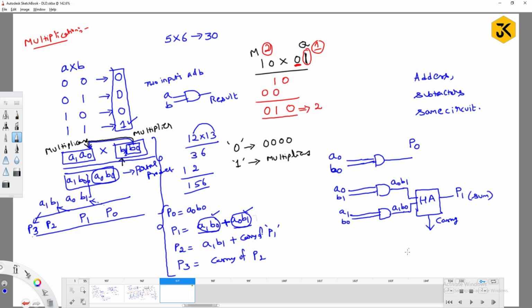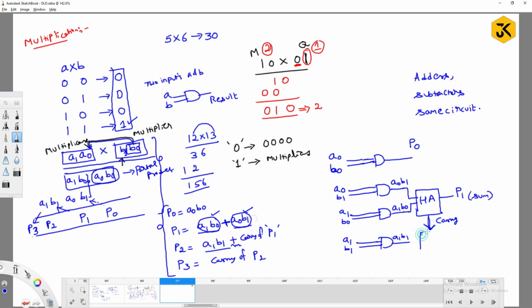Right? So you know. Now to get P2, first I need to perform A1 B1 multiplication. A1 B1 multiplication I have to do. Yes, I did. A1 B1. Now A1 B1 needs to be added with the carry of P1. You know the carry of P1 is coming from here.